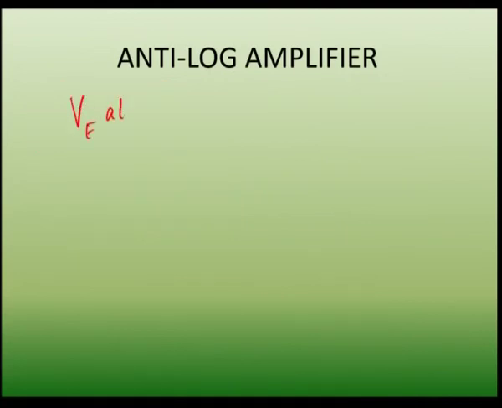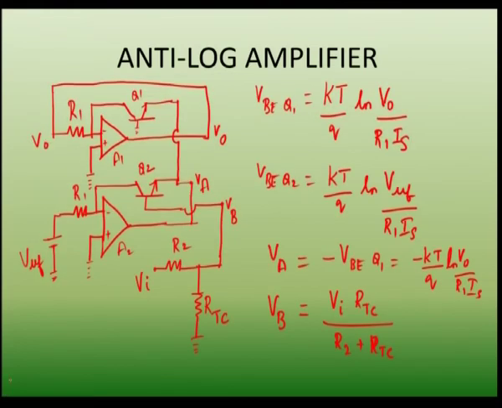The emitter voltage at Q2 is given as, from the circuit, how can you give the emitter voltage at Q2? At this point, it is the voltage from the emitter to base of Q2 plus the voltage at this point, that is VB.